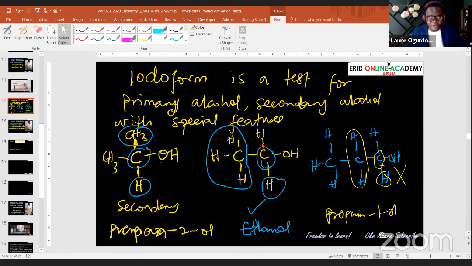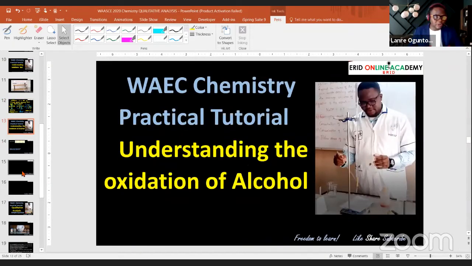So question 1, what's your response for question 1? Send your response for question 1 too. I think that is very key to this particular test. The requirement for formation of iodoform. Yeah, and you must also know substances that form iodoform, so that will help you in making your inference, so that when we're talking later about making our inference, you understand the background from where we are coming from.